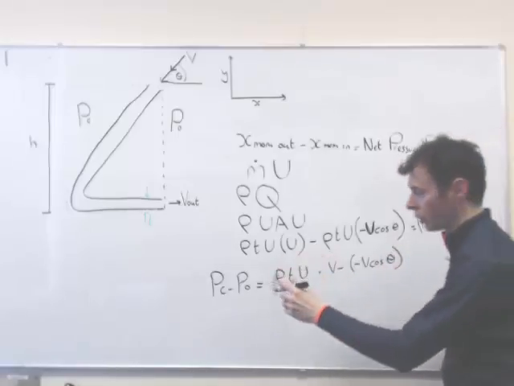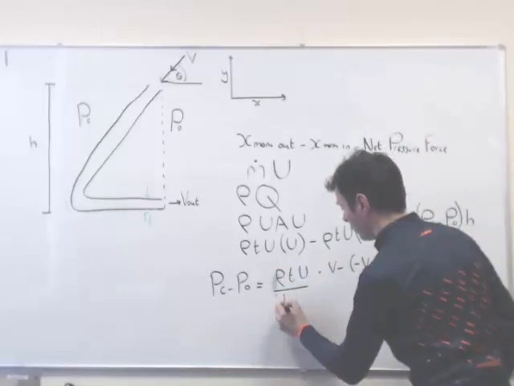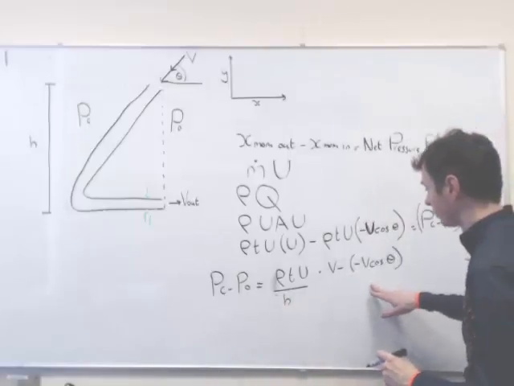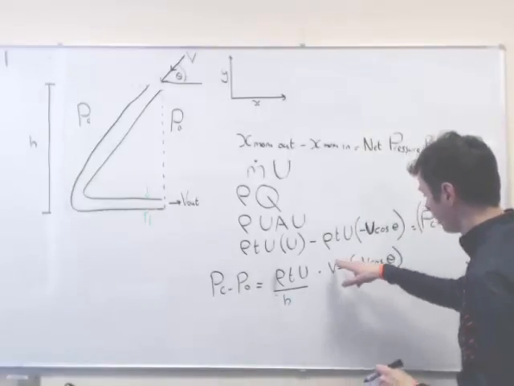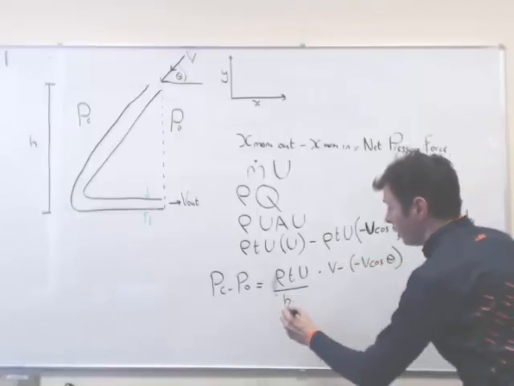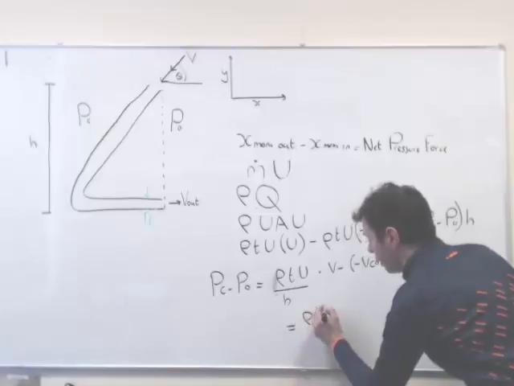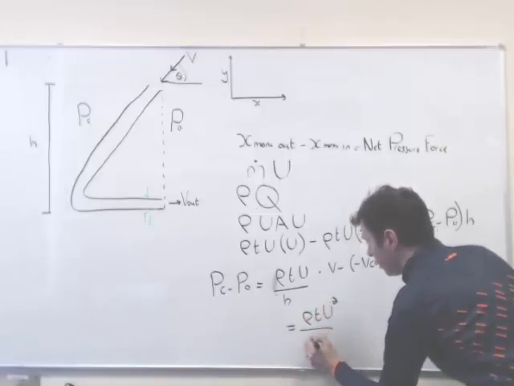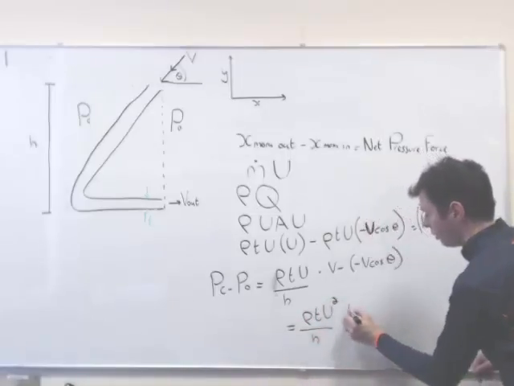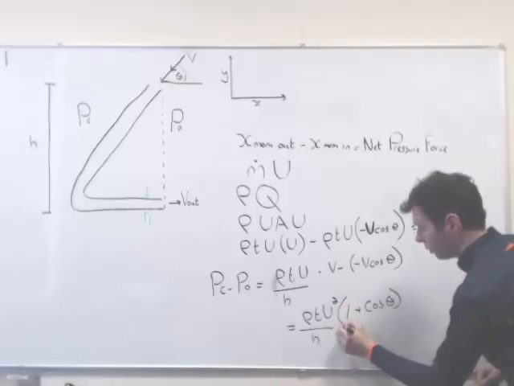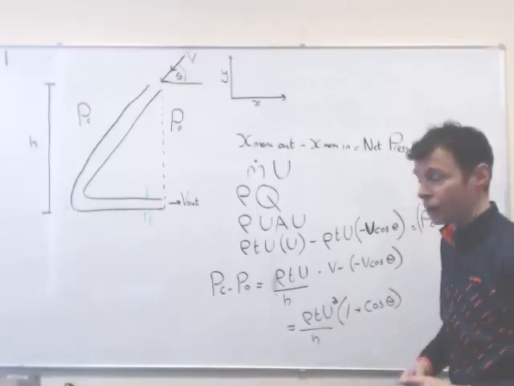And we can take the h across and divide through. Okay, so that's an intermediate step. And then we take the u's out of here, two negatives make a plus. We end up with PC minus P0 equals rho t u squared over h times (1 plus cos theta), which is the answer in the book.